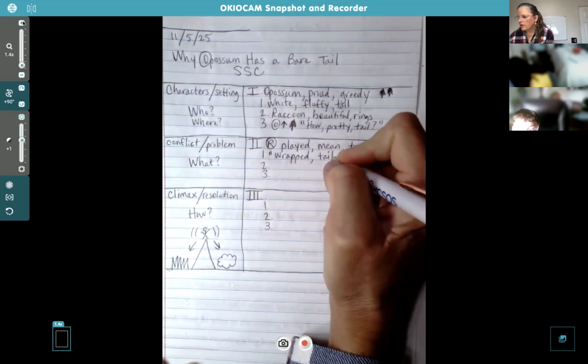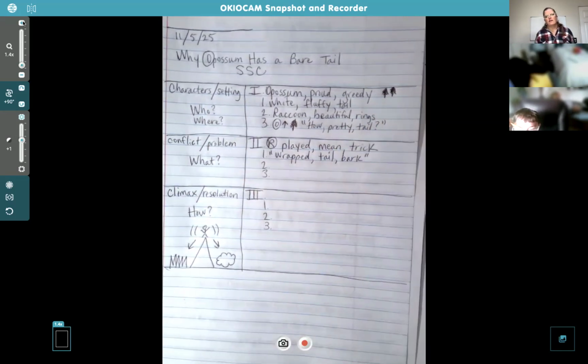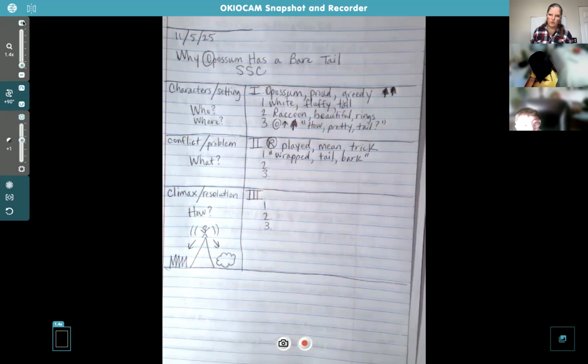And that's the part of the story where he's like here and here and here and here, right? He's showing how he wrapped his tail in bark. And then you're right, he said to put it in the fire. So Amber, what did he say would happen when he put his tail in the fire when he was explaining how to do it? What did he say happened?